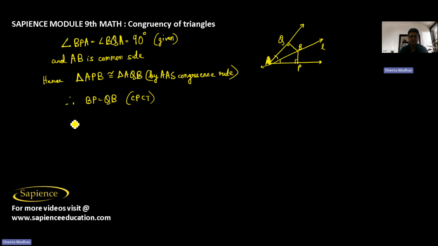So hence we can say B is equidistant from the two arms of the angle A. So hence proved.